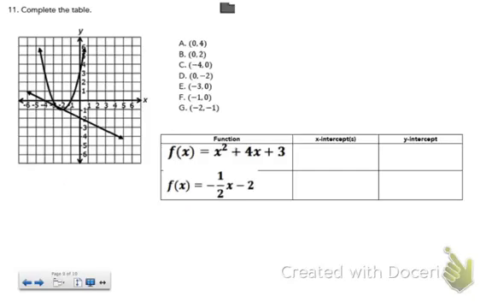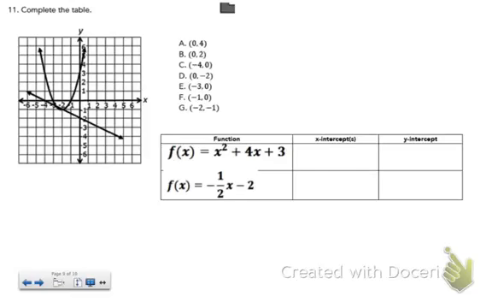Alright, for this last one, it's kind of like a drag and drop problem. You have this graph that has f of x equals x squared plus 4x plus 3 graphed with the parabola here, and then the line negative 1/2 x minus 2 graphed with it. So you're just kind of matching the intercepts to the graph.